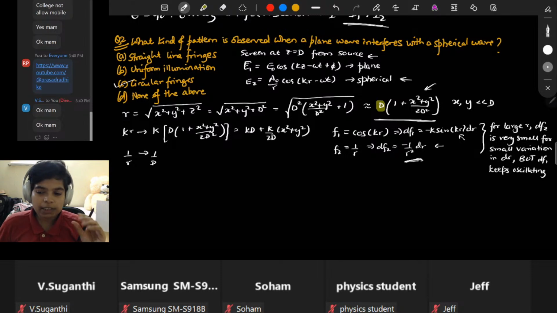So you see very small variations with small changes in r as you go to very large values of r. As a result, 1 by r can be approximated to 1 by d, but cos kr cannot be approximated to cos kd, because cosine or sine functions keep oscillating. Whenever you have oscillating functions, you need to be very careful what kind of approximations you are using.